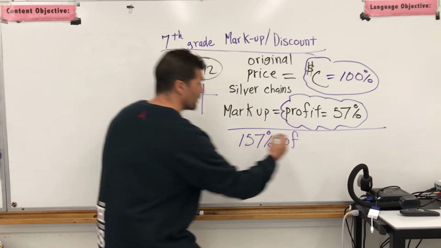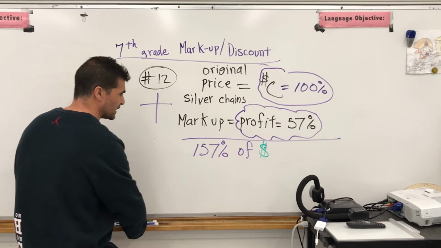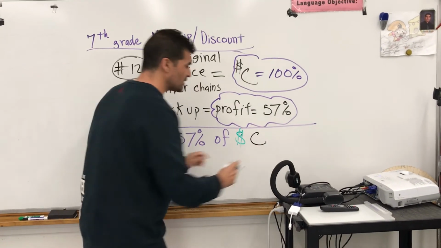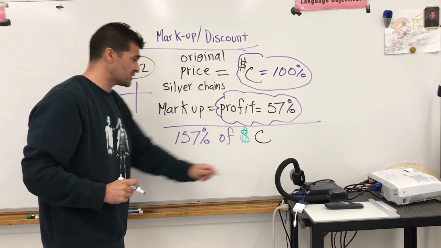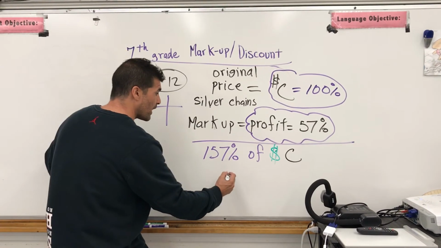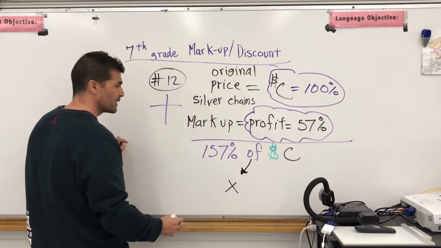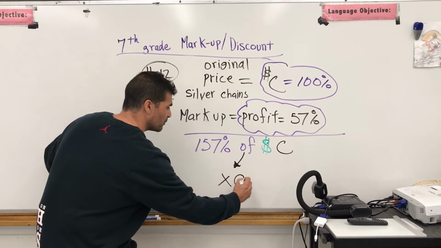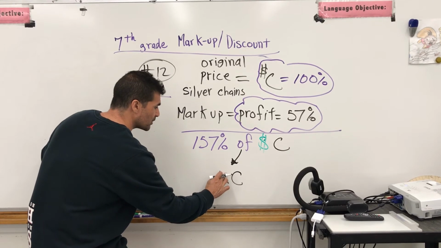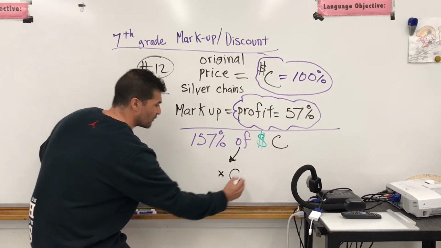So I'm going to put a $, and then I'm going to put the letter C here. We don't know what this variable letter C is, but whatever it is, we know what the word "of" means, and we're going to use it to multiply. We're going to multiply it by the variable C. I'm going to make that multiplication sign a little bit smaller so you guys don't confuse it with another variable.